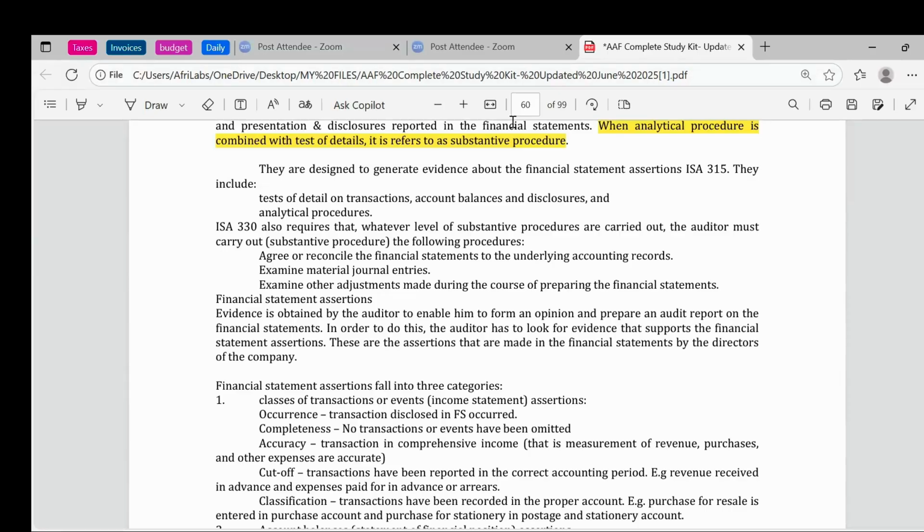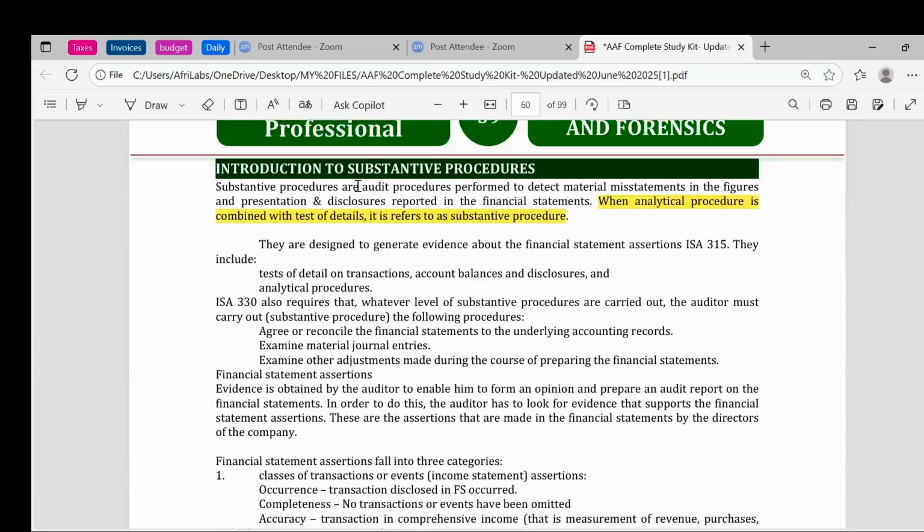While test of detail is done because you have realized that the test of control is relatively low and you cannot really rely on the figures or on the internal control system of that client you are auditing. So you have to do a detailed test of their transactions to check if any material misstatements exist in it.